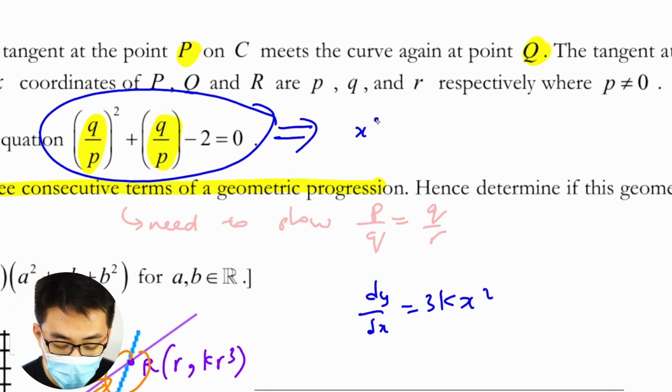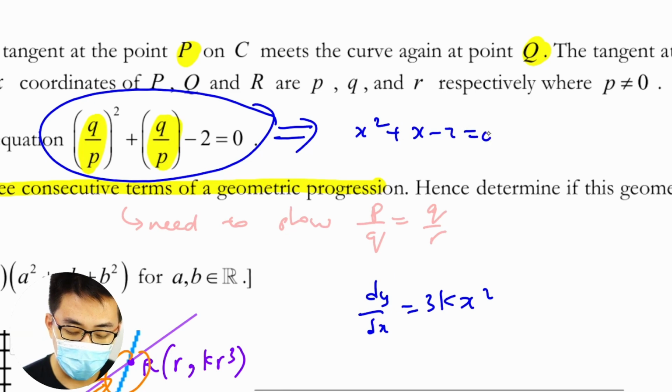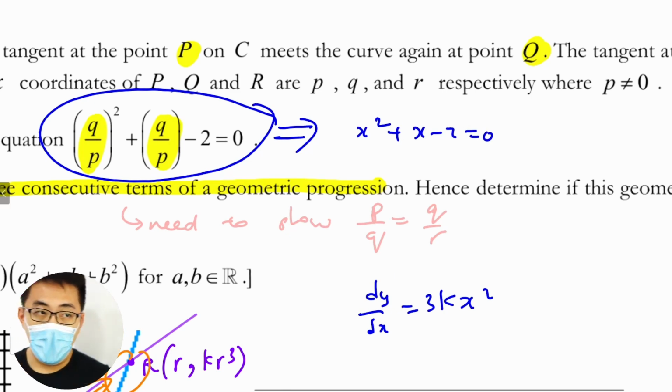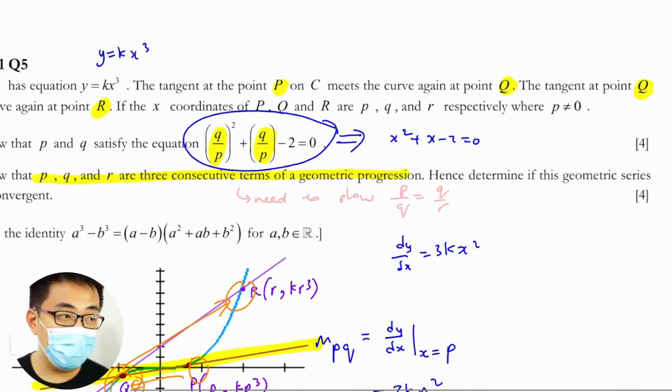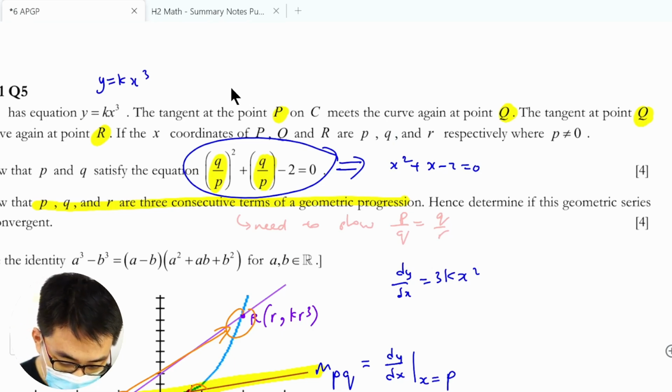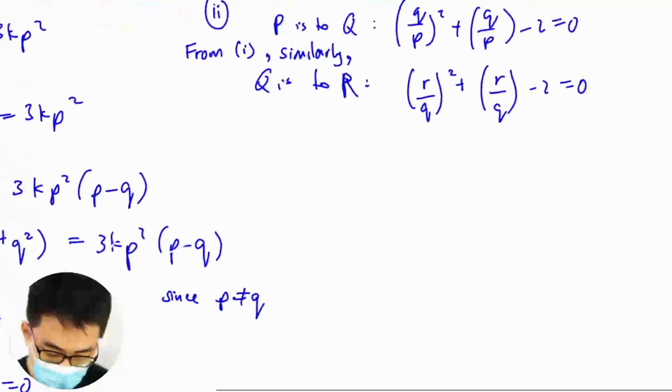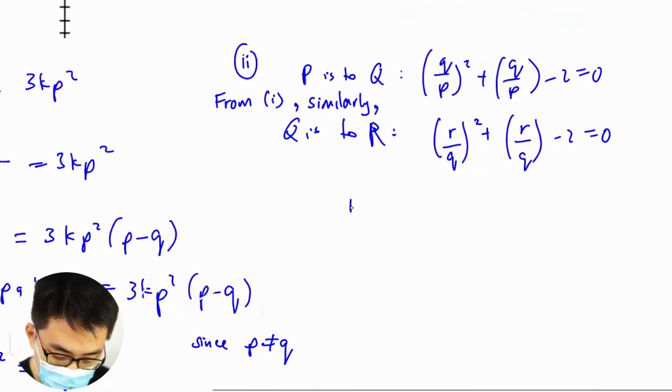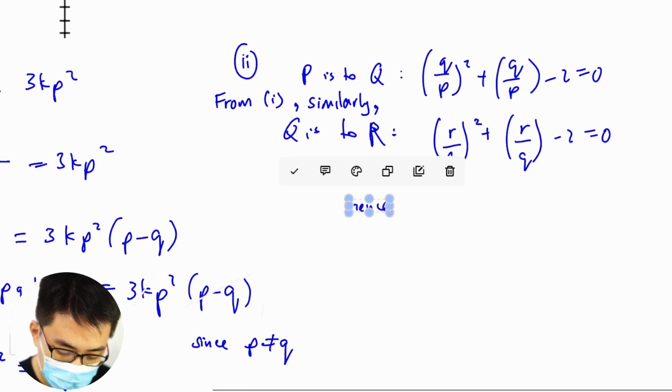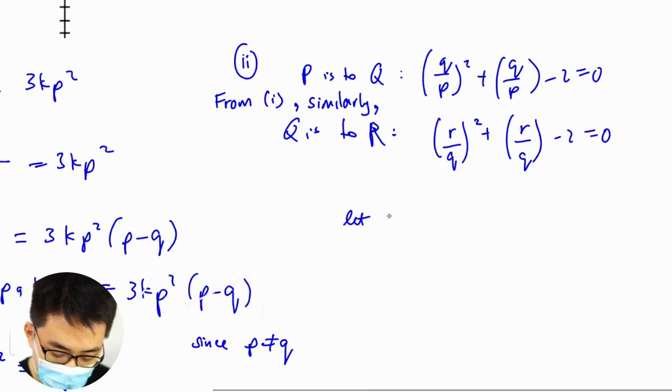Because this is a quadratic equation. You can solve it. You can solve for Q over P. You have to remember that. Please write this down. This one we can solve. So from here, hence, let x equal Q over P. So x squared plus x minus 2 equals 0.